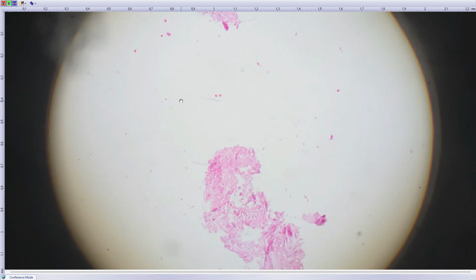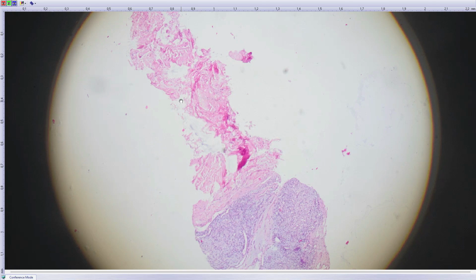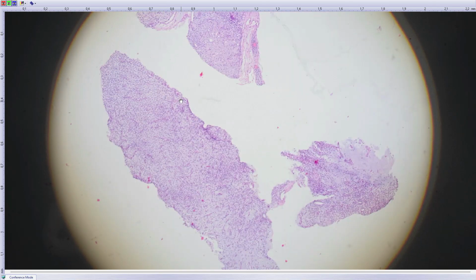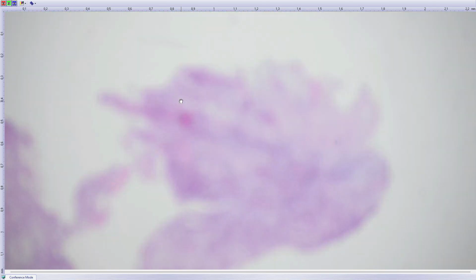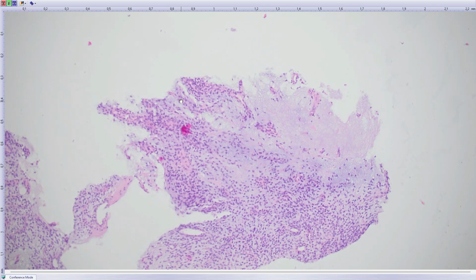First case, it's a pretty common soft tissue tumor. This was a 38-year-old male with a tumor on his lower leg, somewhere on the thigh. And we had just these little fragments where the tumor tissue is found just here.